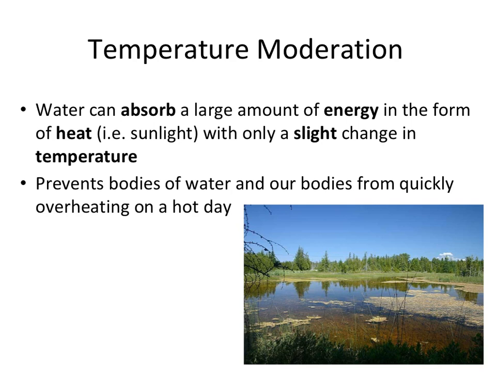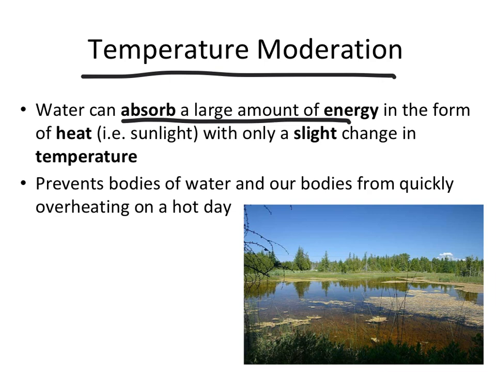So water also has a lot of other cool properties that help life to exist on Earth. First of all, water shows great temperature moderation. Basically what this means is that water can absorb a ton of energy in the form of heat and only change temperature slightly. This is really important because if water changed temperature really easily, you can imagine on a sunny day, the temperature of the water in a pond would fluctuate wildly.